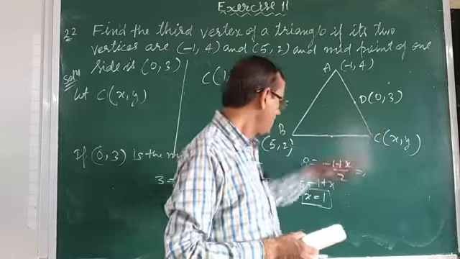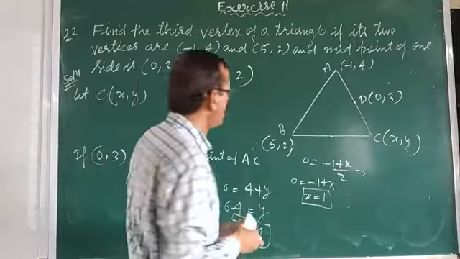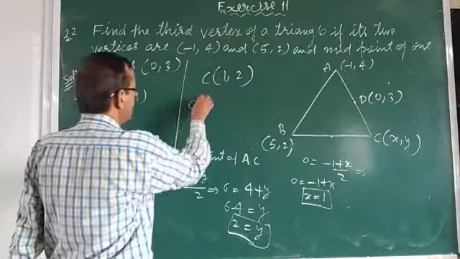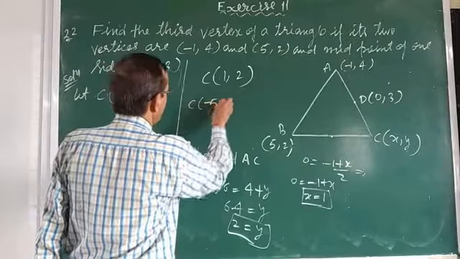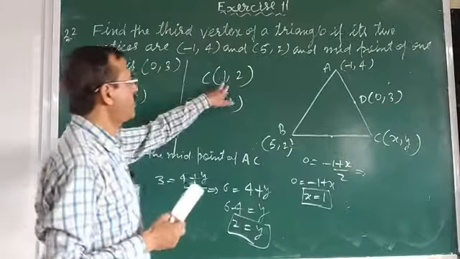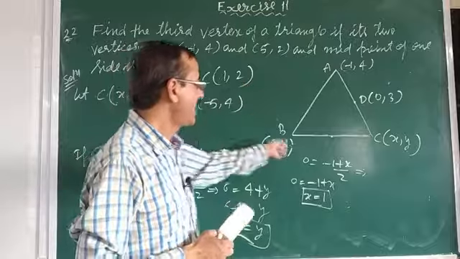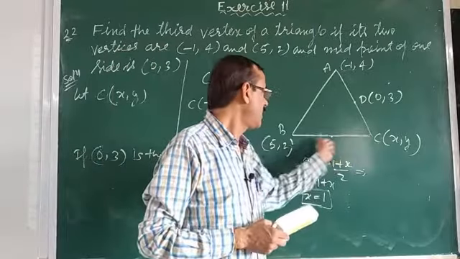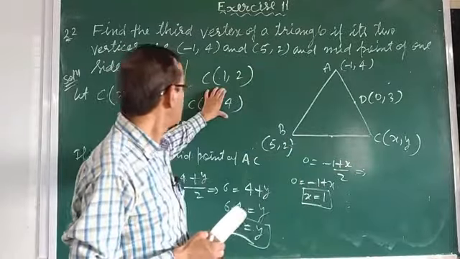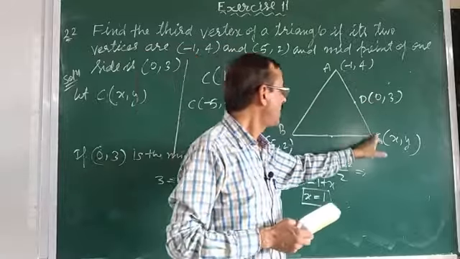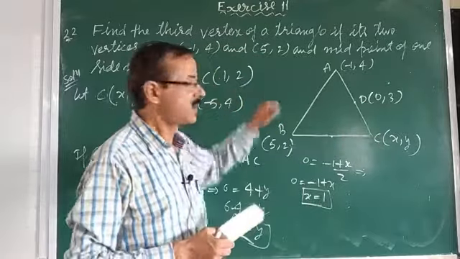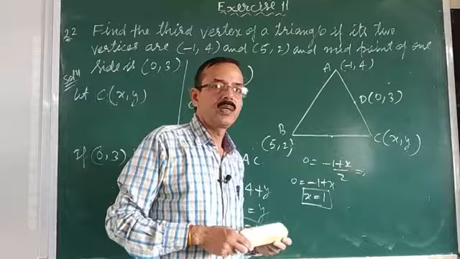We found two values. The first value was C minus 5 comma 4, and the second value we found was 1 comma 2. If we take D as the midpoint of BC, then this answer came. If D is the midpoint of AC, then this answer came. So there will be two answers for this question.